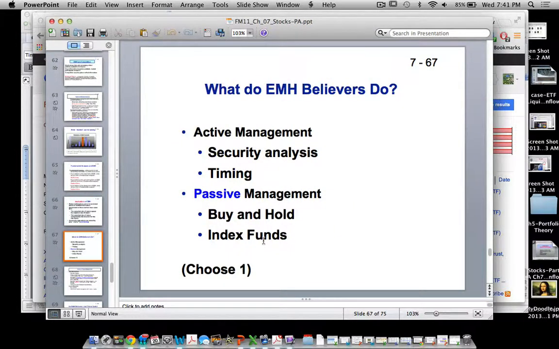So what do EMH believers do? Do they do active management, which is basically security analysis, saying that, hey, you know what? I think that Yahoo's going to do better than Google because Marissa Mayer is there right now, and she's doing a great job. And so I'm going to short Google and go long Yahoo. That's a nice security analysis right there.